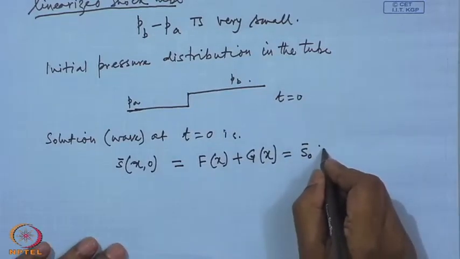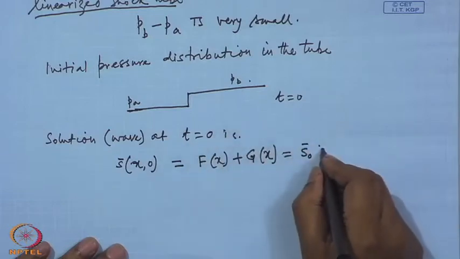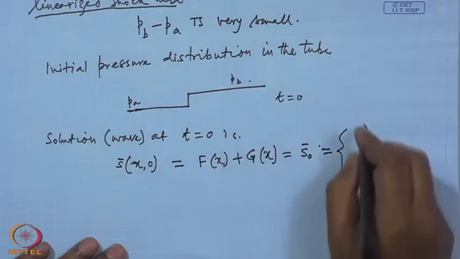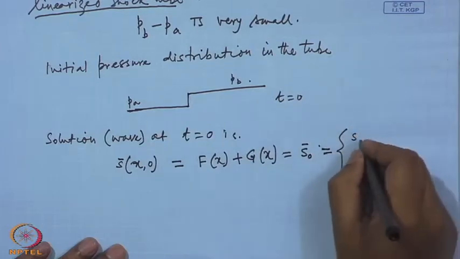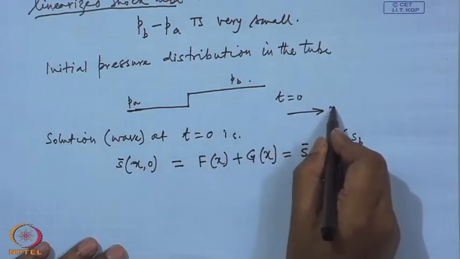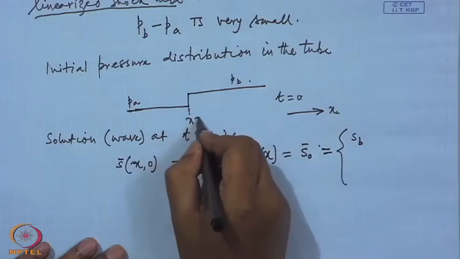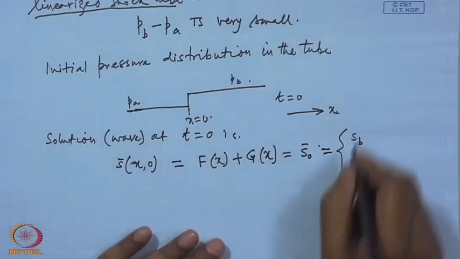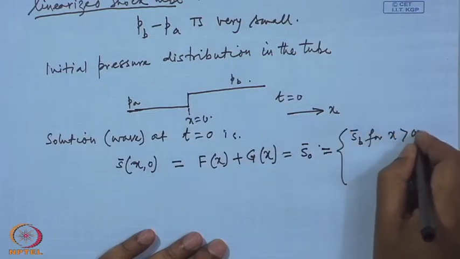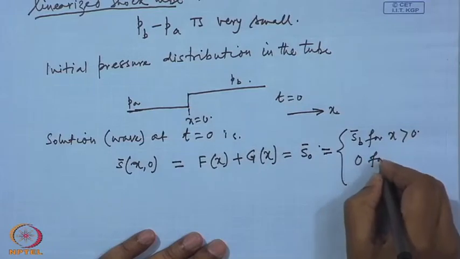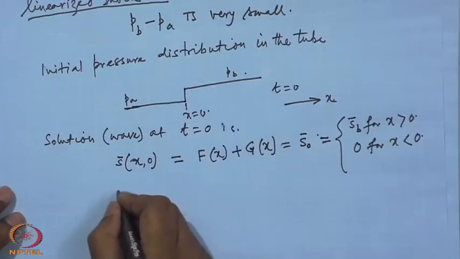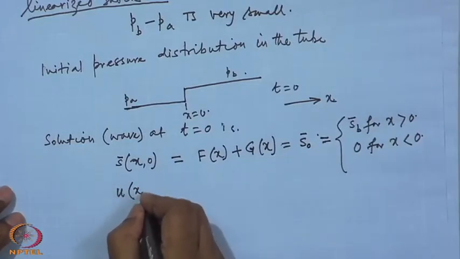Obviously the density will also have a step distribution corresponding to the pressure, and let us say this is S b for x greater than 0 and 0 for x less than 0. The particle velocity is 0 everywhere.